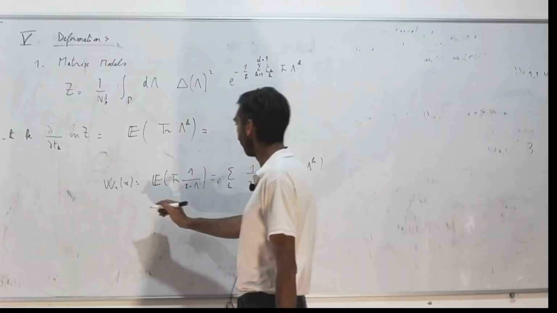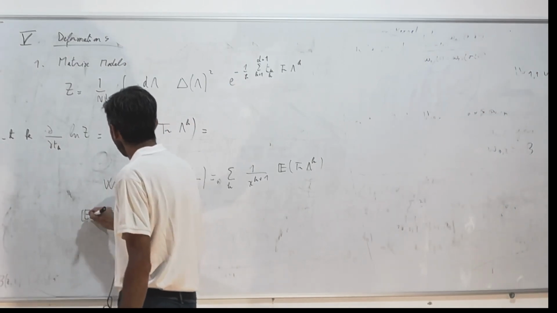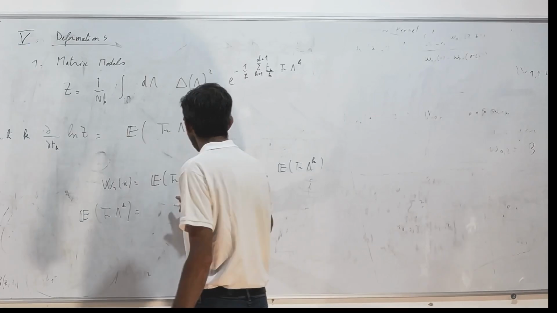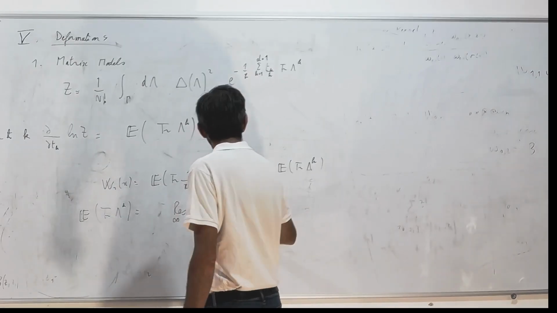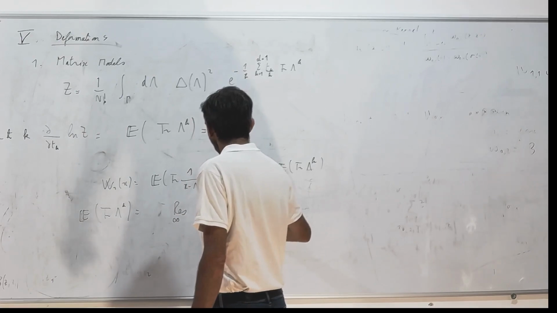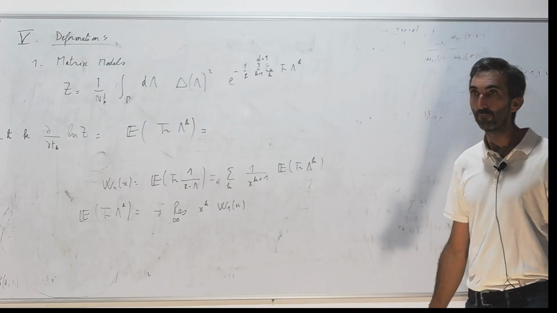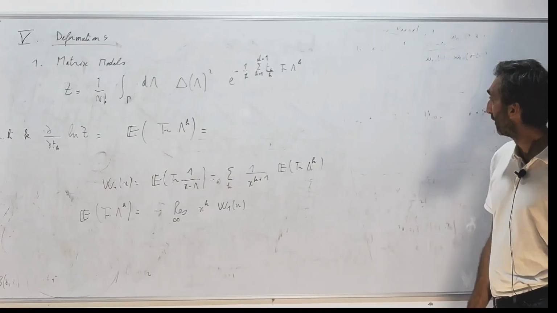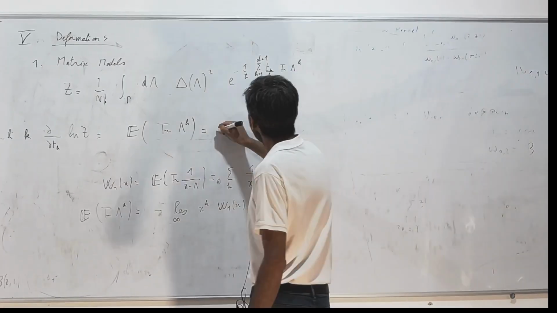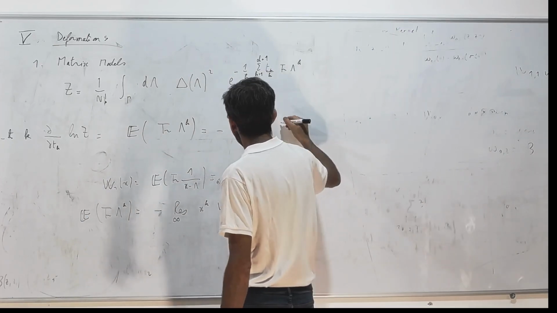And I already said it. The expectation value of trace of lambda k is the residue at infinity of x to the k times W1 of x, and minus, because residues at infinity have a minus sign. So in the end, this is minus residue at infinity of x to the k W1 of x.